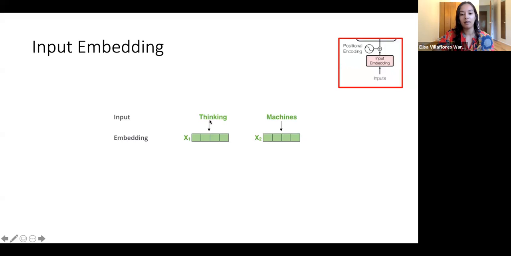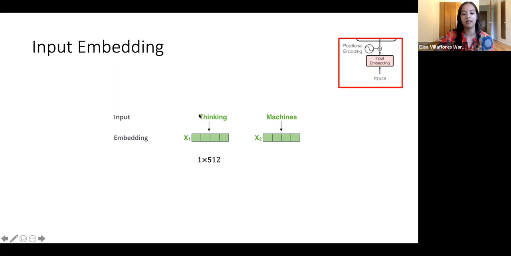And then now we want to turn this number into a vector. And so there's a system called word embeddings where they basically turn a number into a vector. And you can choose how large you want this vector to be. But the point is that each number is represented uniquely as a vector. And so in this paper, they chose an embedding size of 1 by 512.